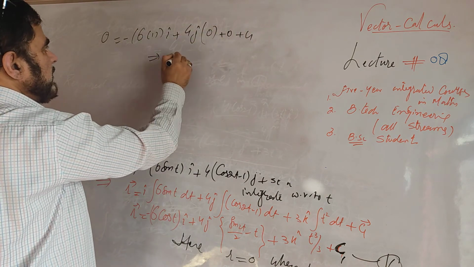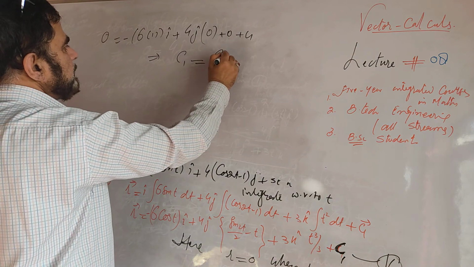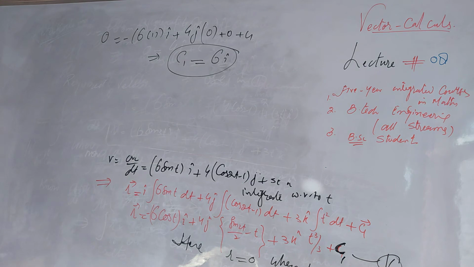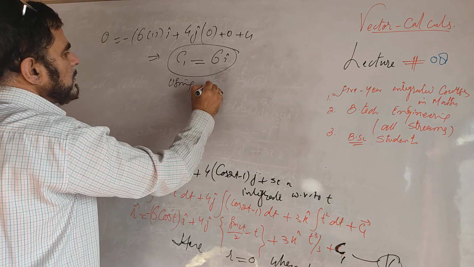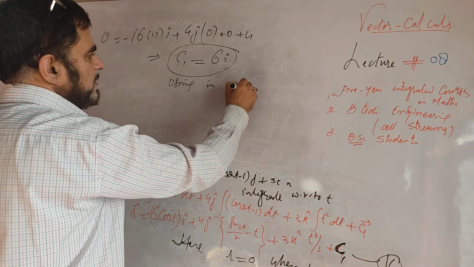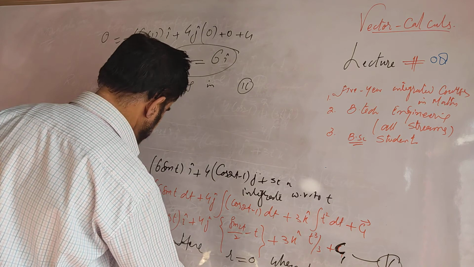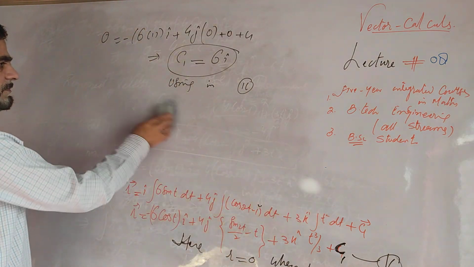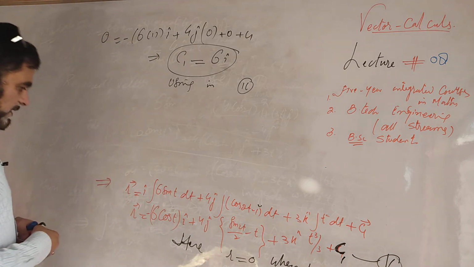So you have got c1 is 6i. Using this 6i in the second equation, you will get the displacement.